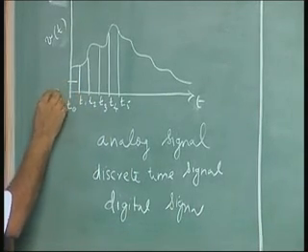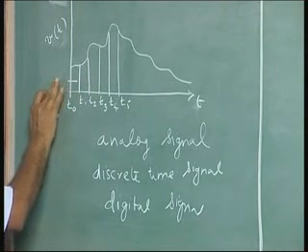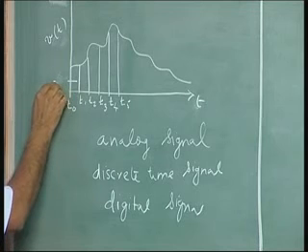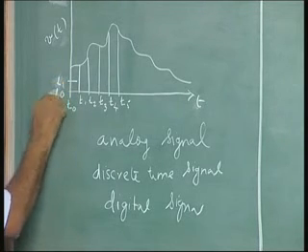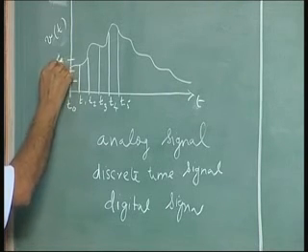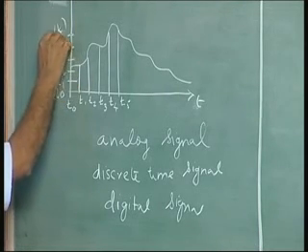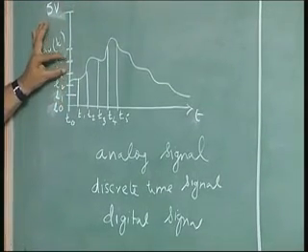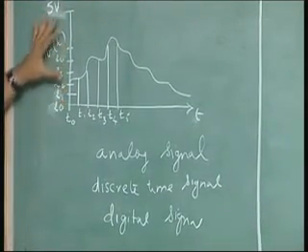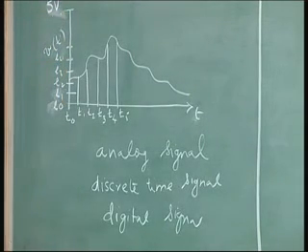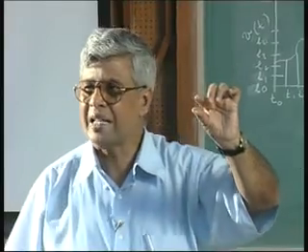Let us call this level 0, L0, L1, L2, L3, L4, etc. Depending on how narrow or broad these ranges are, the total number of steps will be decided, depending on the size of each of these steps I am going to take.